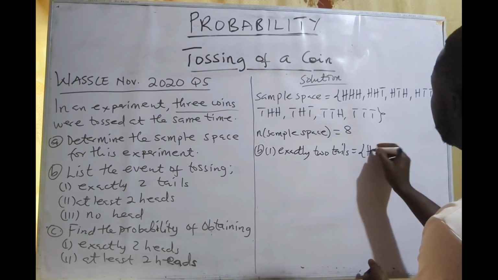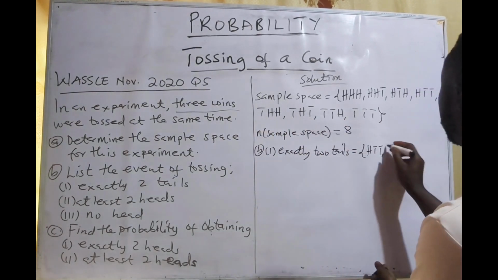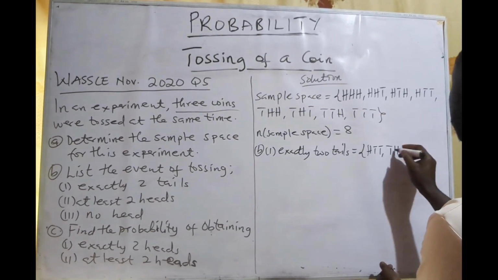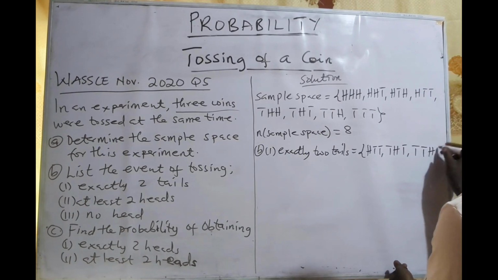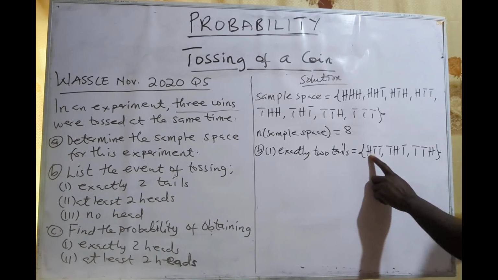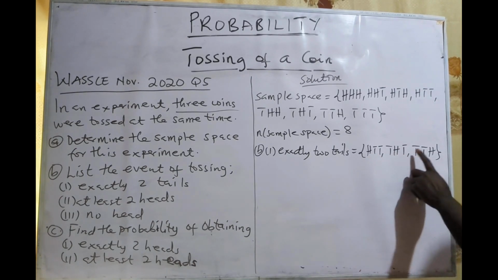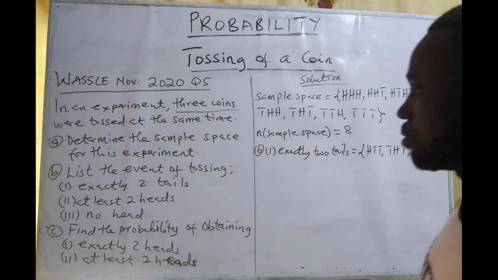So head, tail, tail is part. Here is not part. Then we have tail, head, tail, and then we have tail, tail, head. So this is where we see exactly 2 tails. There are 3. Alright, then let's go to the next one.